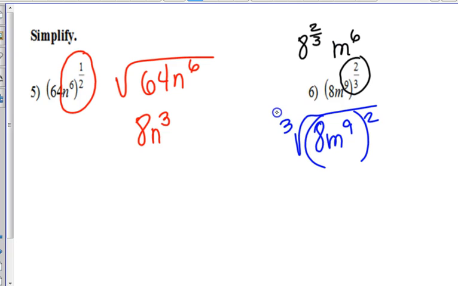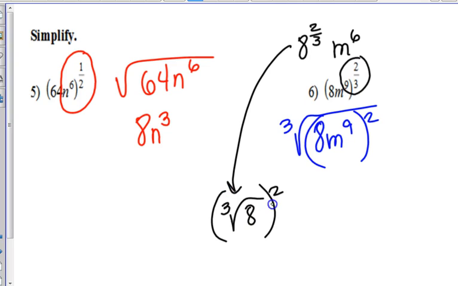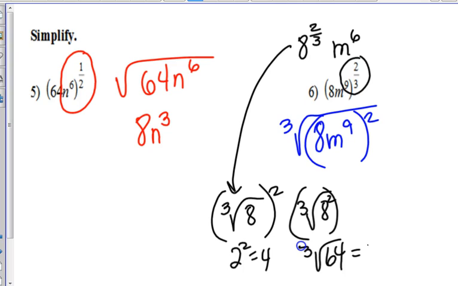Okay, got a little bit easier already, right? Now, what does this part mean? 8 squared, 2 squared. Okay. Can we square it, cube root it first? That would be 2, squared would be 4. If we wrote it this way, squared, we'd have the cube root of 64, which is also 4. So it doesn't matter what order you do it in, okay?